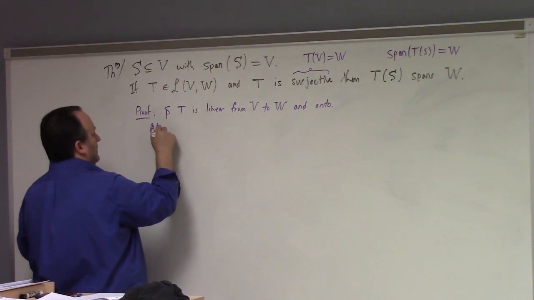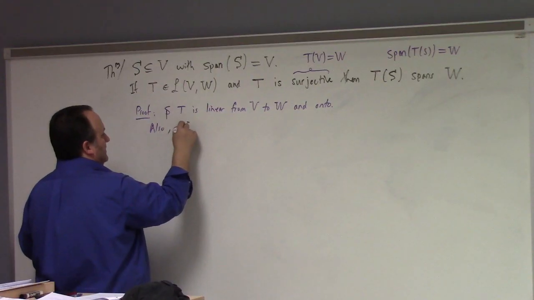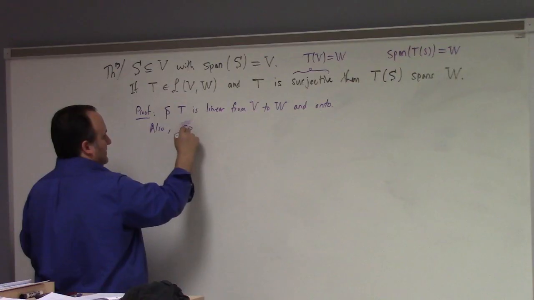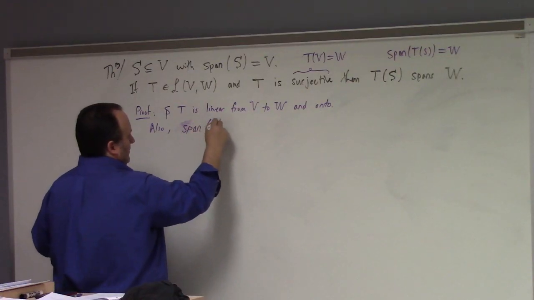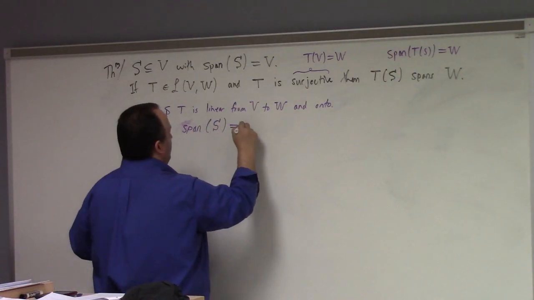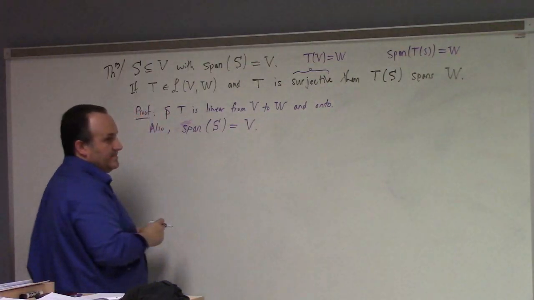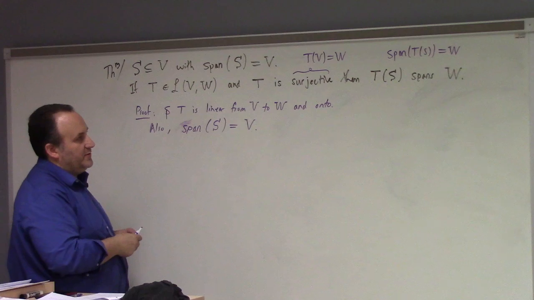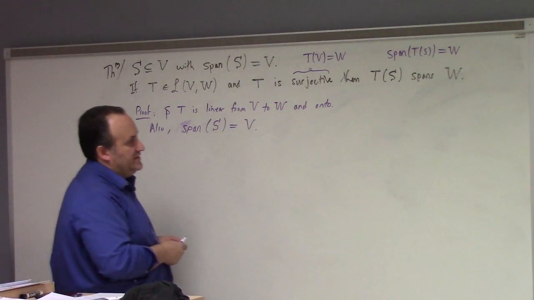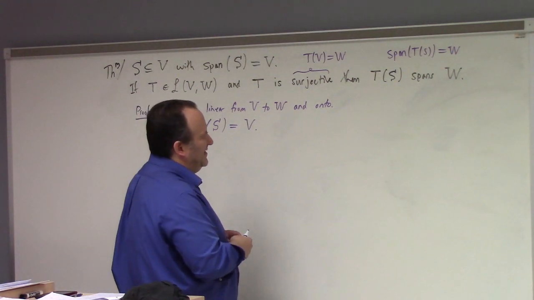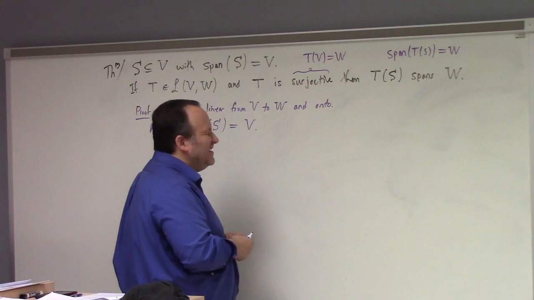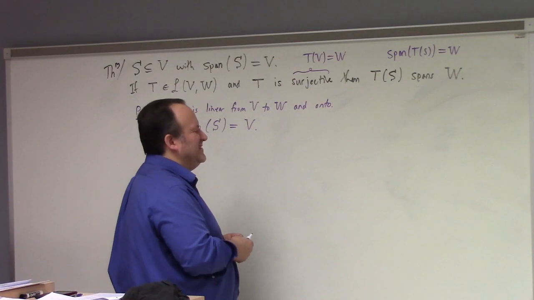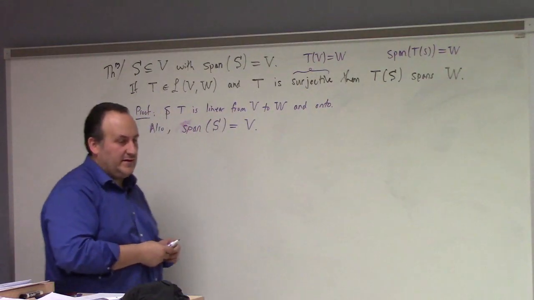Also, S, also the span of S is equal to V. So in order to prove T of S spans W, I should pick an arbitrary thing in W and see if I can build it from things in T of S under linear combination, right?